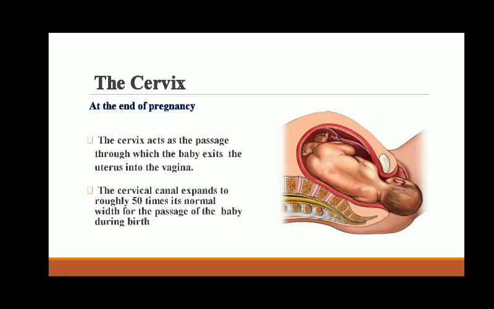Of these, first we will discuss the cervix. The cervix acts as a passage through which the baby exits the uterus into the vagina. The cervical canal expands to roughly 15 times its normal width for the passage of the baby during birth.